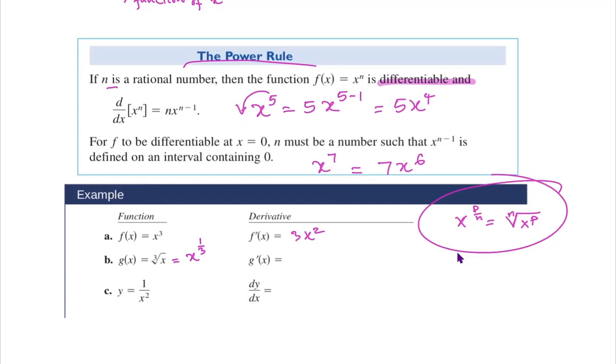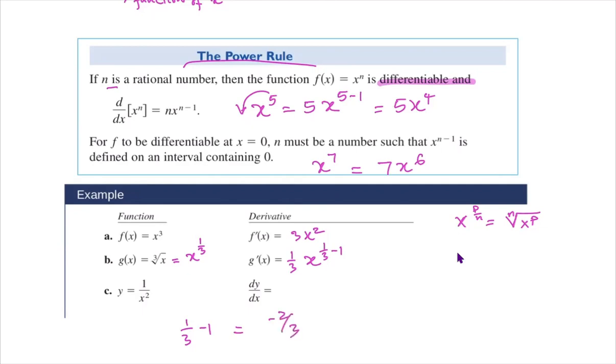Well, I'm going to use the power rule, which is bring down the power, which is 1/3, and then x to the power 1/3 minus 1, always minus 1, right? So 1/3 minus 1 equals negative 2/3.